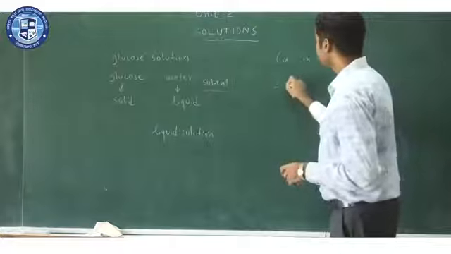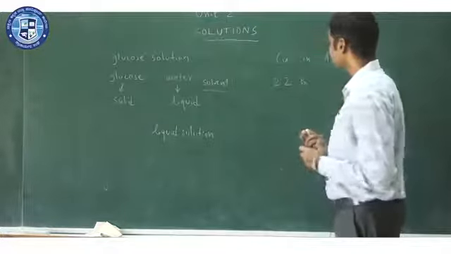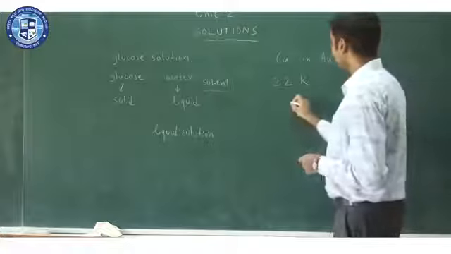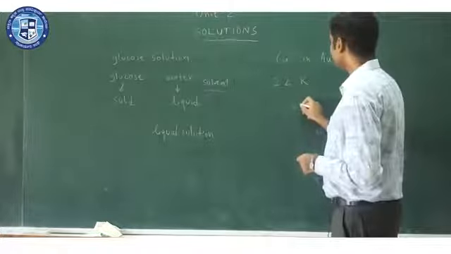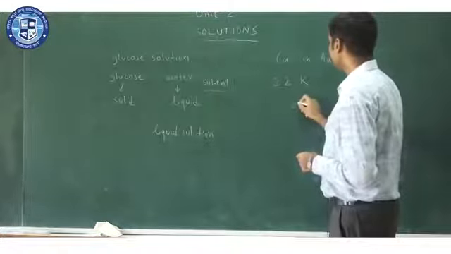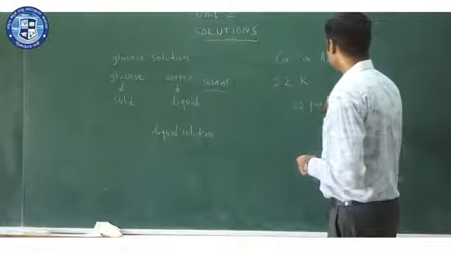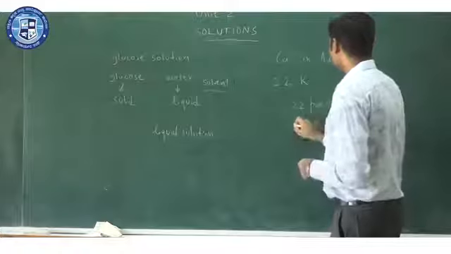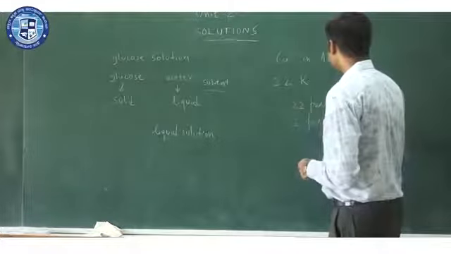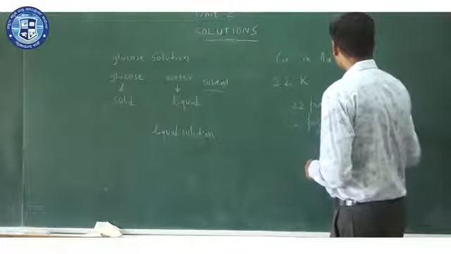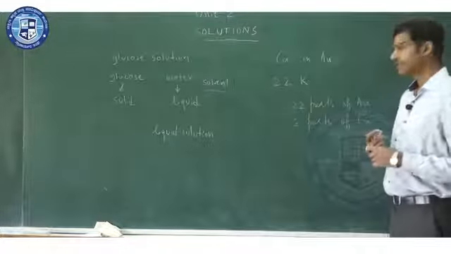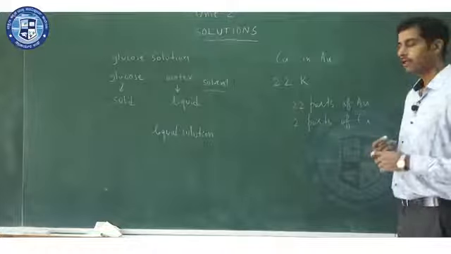If I consider a 22 carat gold, then out of 24 parts which is considered as a standard, 22 parts is of gold, whereas 2 parts is of copper. If I observe the physical states, both of them are solids.